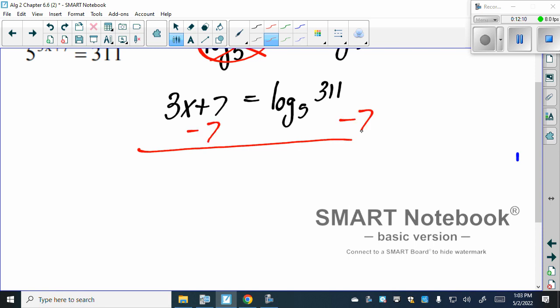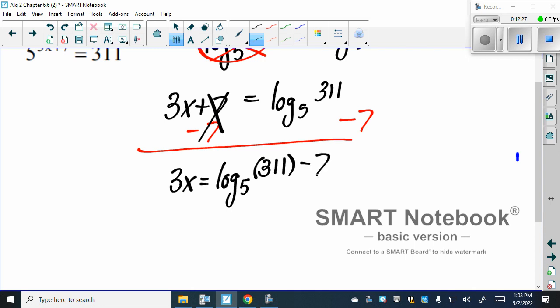Subtract 7 from both sides. Here, 7 minus 7, 0, leaving us with 3x is equal to log base 5 of, you all know, 311 minus 7. Because again, that 311 is inside that logarithm, and we applied it to it.